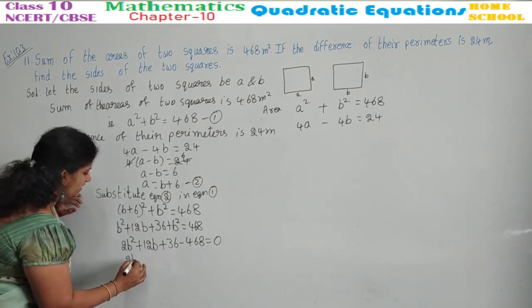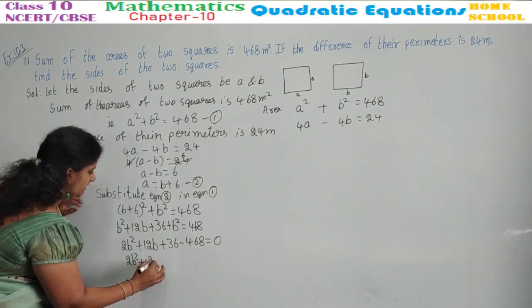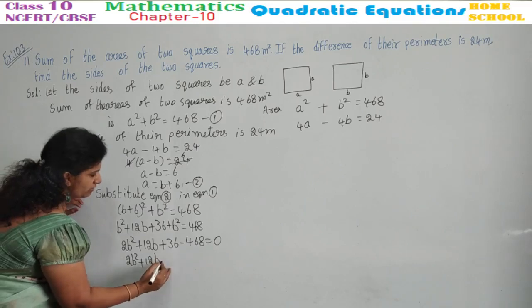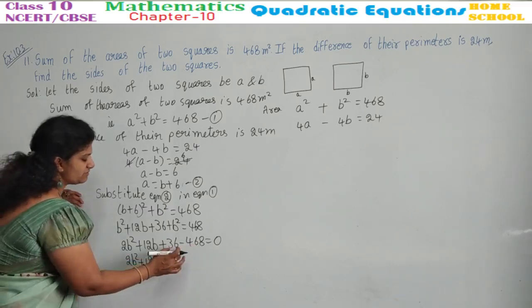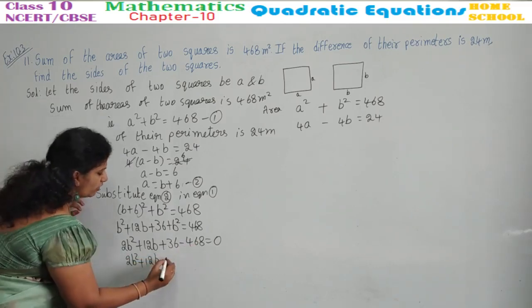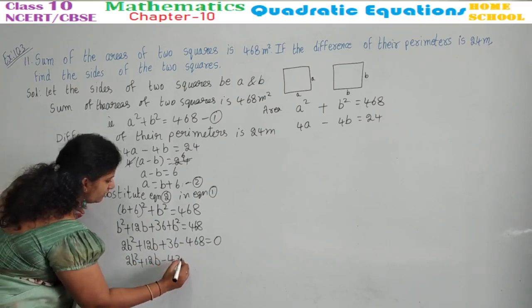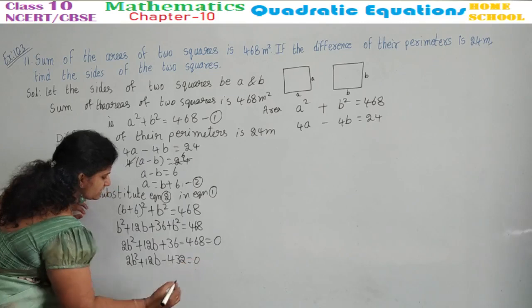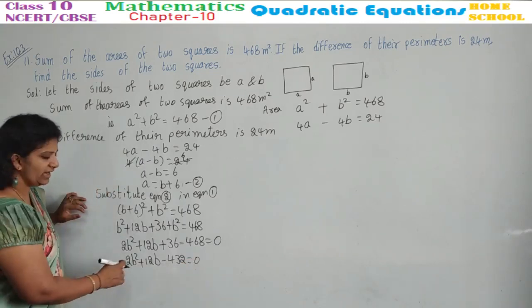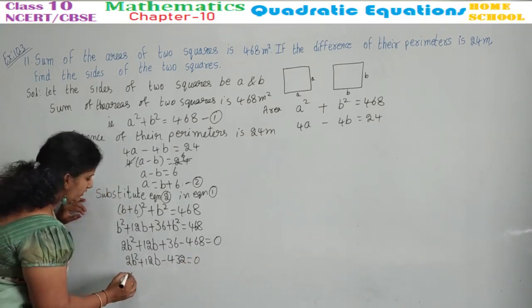Now 2b square plus 12b minus, subtract here 36, children, what you are left with? Minus 432 equal to 0. You can take out 2 common now. Take out.